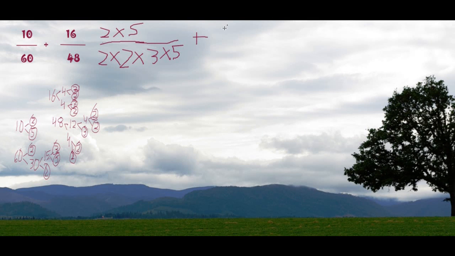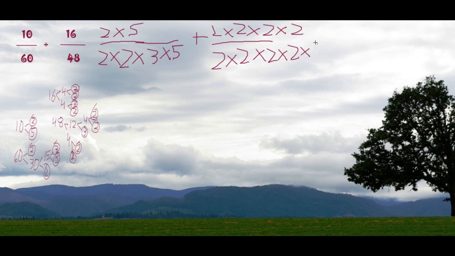So 16 was 2 times 2 times 2 times 2 over top of 2 times 2 times 2 times 2 times 3. Okay, look for the partners, match them up.